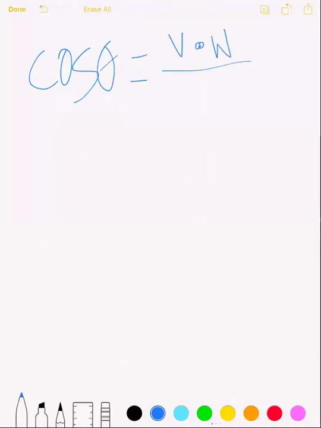So question 1 is calculating the angle between each pair of vectors, which you have that formula on your formula sheet. The formula is cosine theta equals V dot W divided by the magnitude of V times the magnitude of W. It also gives you the formula for V dot W in case you don't remember.